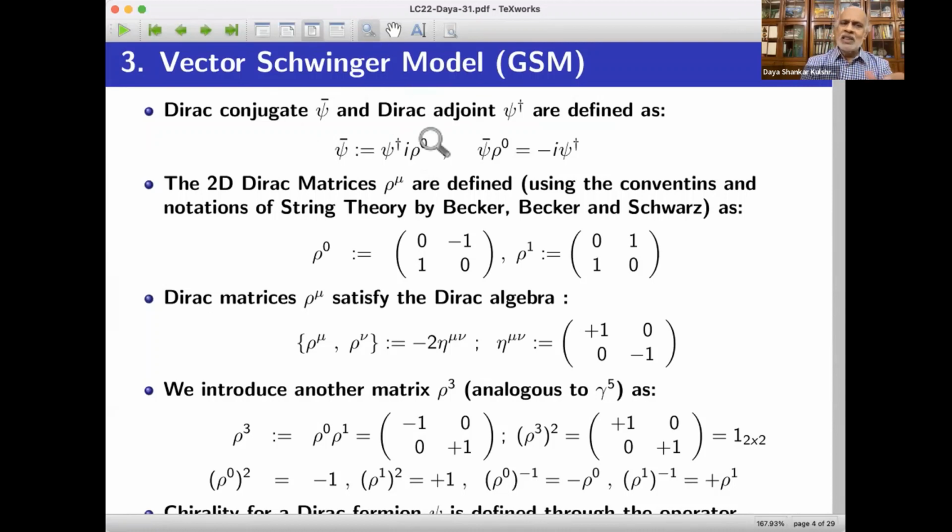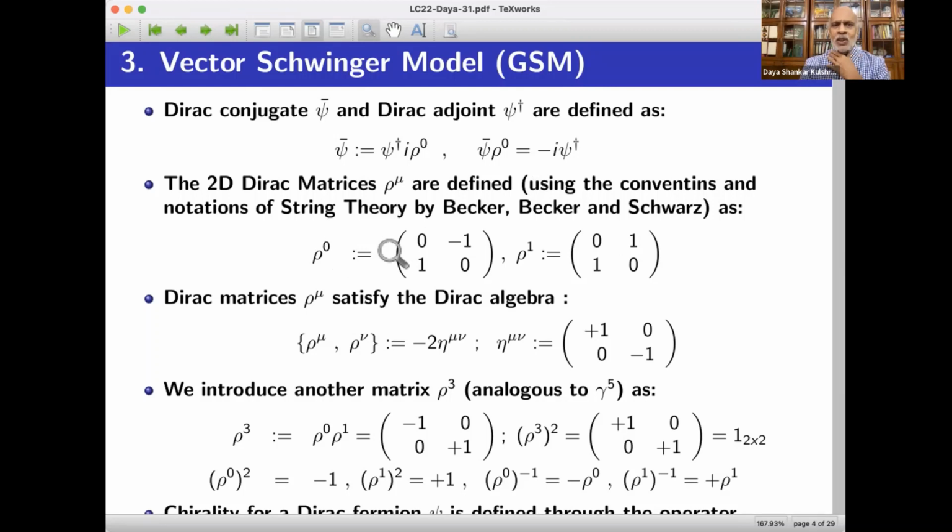And depending on one's choice of notations and conventions, you get this factor of iota here, or somebody includes it there. Anyway, I'm going to follow the conventions of the string theory book by Green and Schwarz. In string theory or in supersymmetry or supergravity theory, you invariably have to have Fermi fields, and therefore I'm trying to stick to these notations of Green and Schwarz.